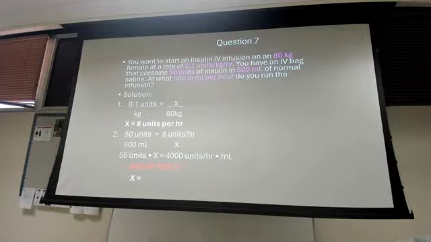So 8 units per hour over X. And then when we solve for X, we will get 80 milliliters per hour. Does that make sense? Any questions?